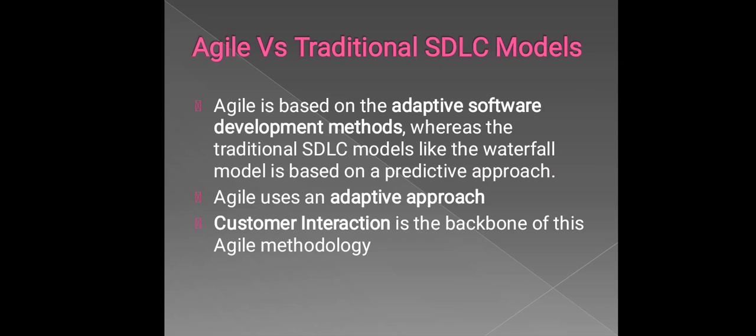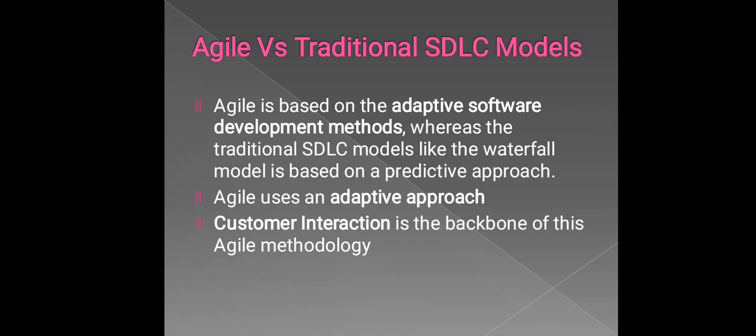As I have discussed earlier, in those models we have to predict or assume all the requirements at the very early stage. Predictive teams in the traditional SDLC models usually work with detailed planning and have a complete forecast of the exact tasks and features to be delivered in the next few months or during the product life cycle.